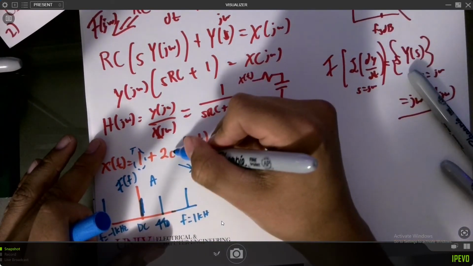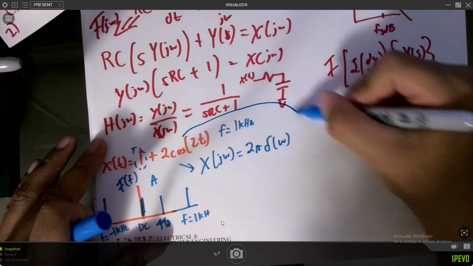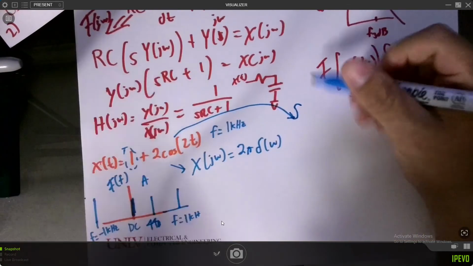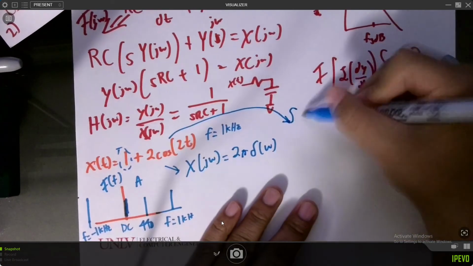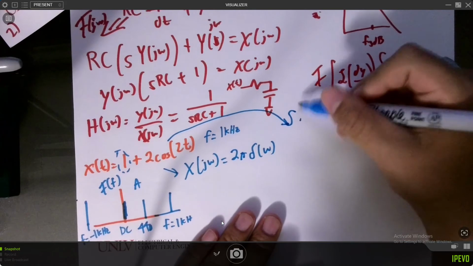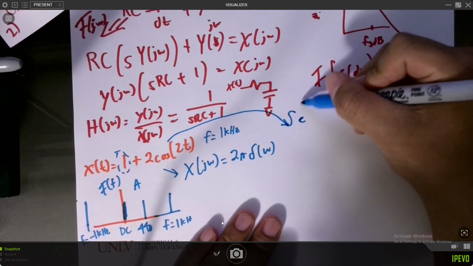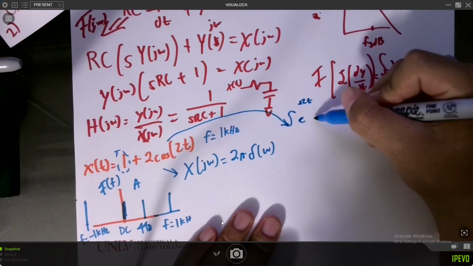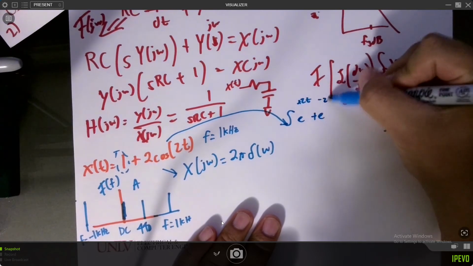And then for this guy, actually, I have to do this. This 2 cosine is going to equal, hold up, e to the plus 2t plus e to the minus 2t.